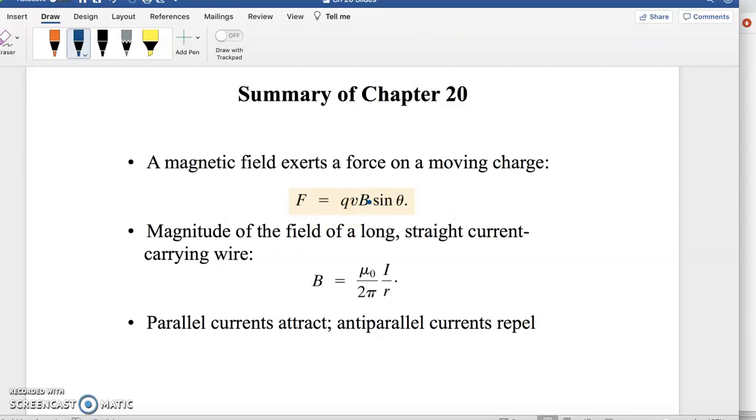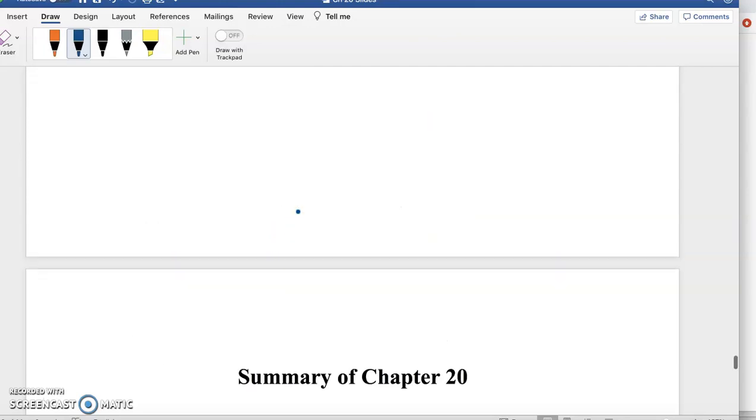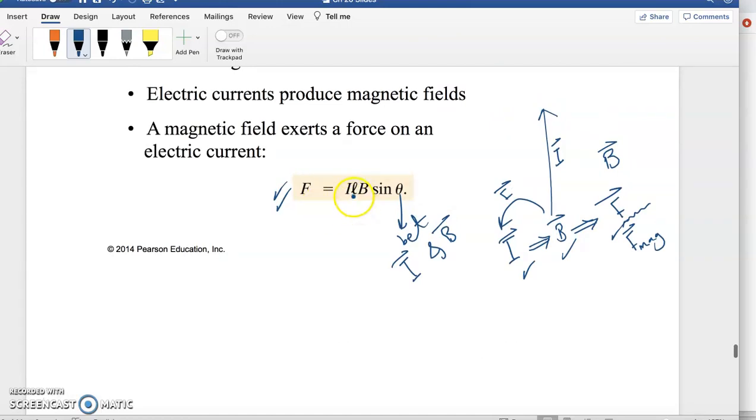Same thing. Due to the movement of the charge in a magnetic field, there will also be a force on that charge. Again, here, during the passage of the current in the wire, the presence of the magnetic field is acting on the current with a magnetic force.